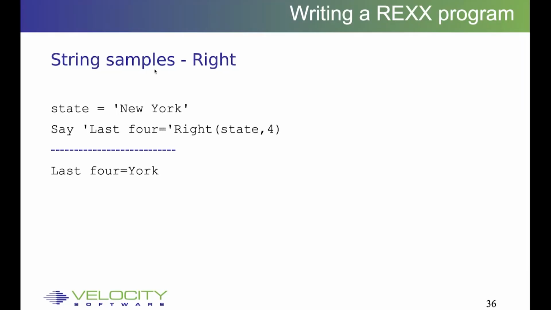The right function returns the right number of characters from a string, and the number is specified here in the second parameter of the right function. So we're assigning New York to a variable called state, and displaying the literal last four, and then right state 4, which will return and display the right 4 characters of New York, which is just York.